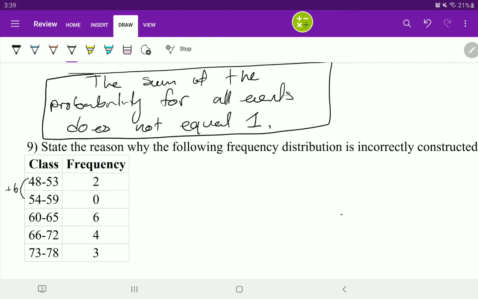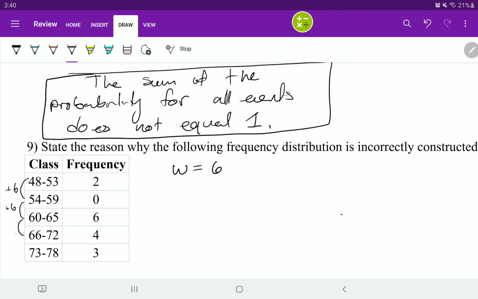Or you can subtract 48 from 54 and still get 6. If you add 6 again, that gives you 60. So we established so far the width of my frequency distribution is going to be 6.